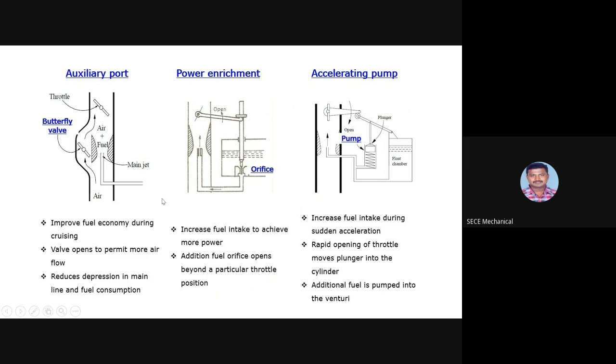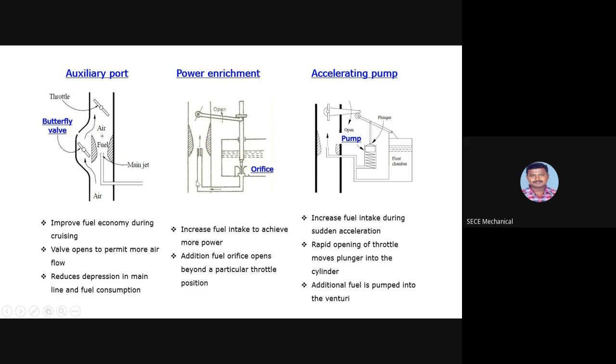We have three different types of calibration, and here we are using a butterfly valve, and here also we are using an orifice, and here we are using a pump. So the auxiliary port will improve the fuel economy during cruising, as the valve opens to permit more airflow, and this reduces the depression in the main line and fuel consumption.